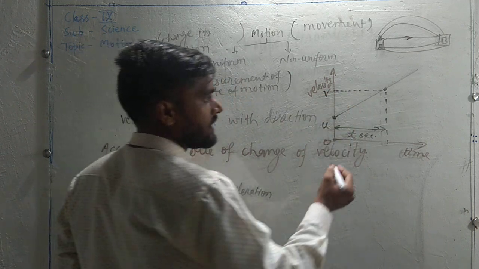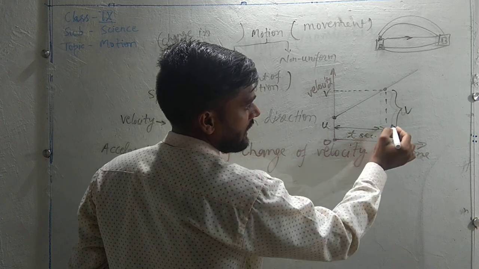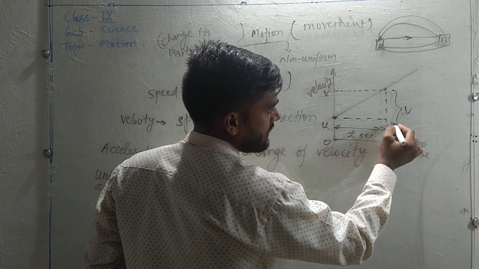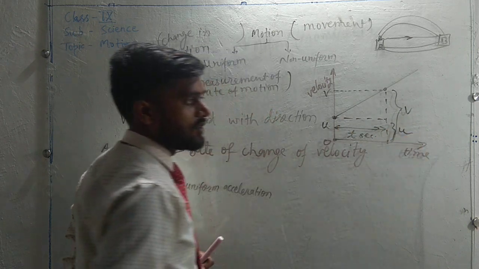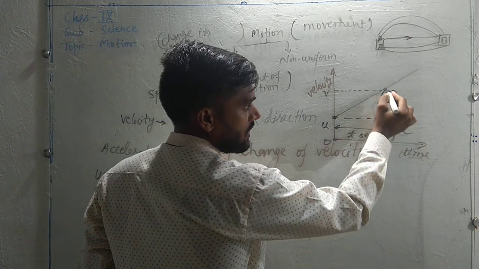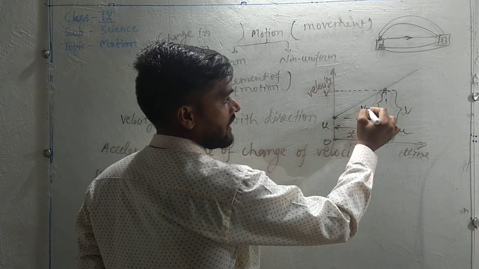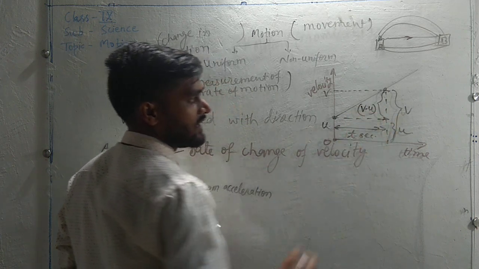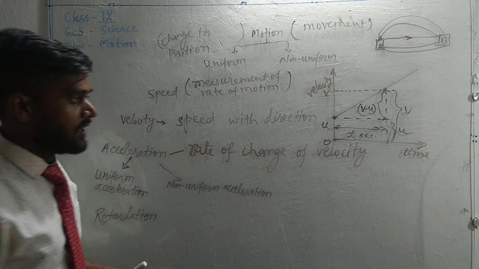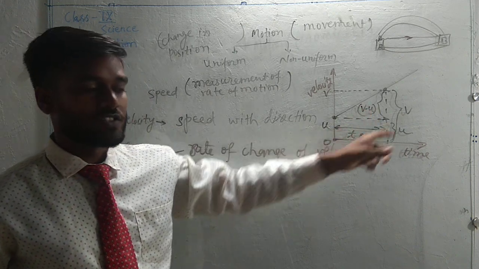So how much change is there? This total value is v, and up to this is u, the initial velocity. This is the change from here to here, and it can be determined as change in velocity, that is v minus u.